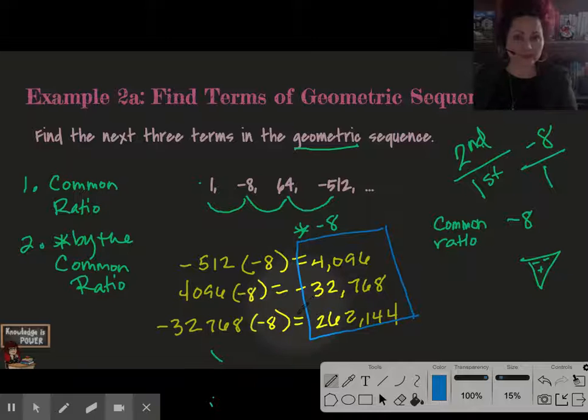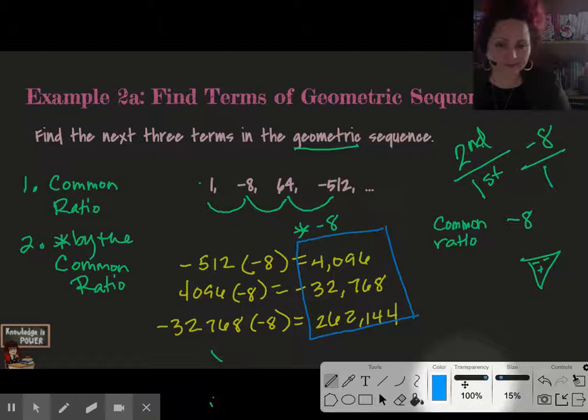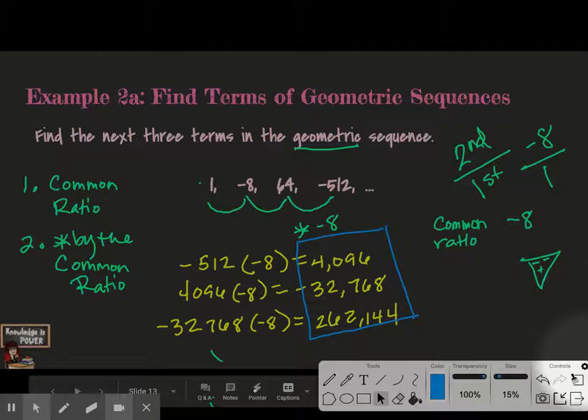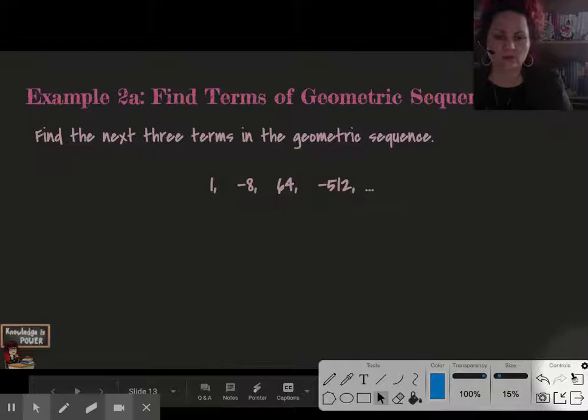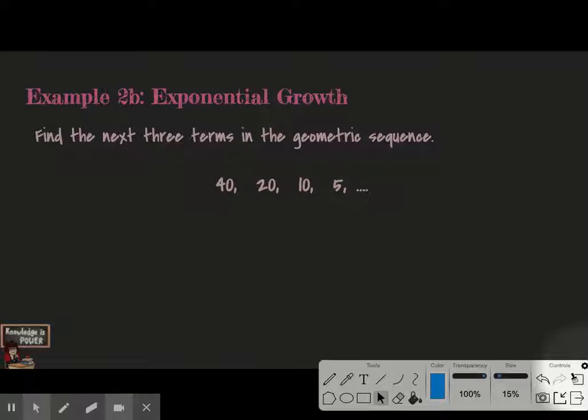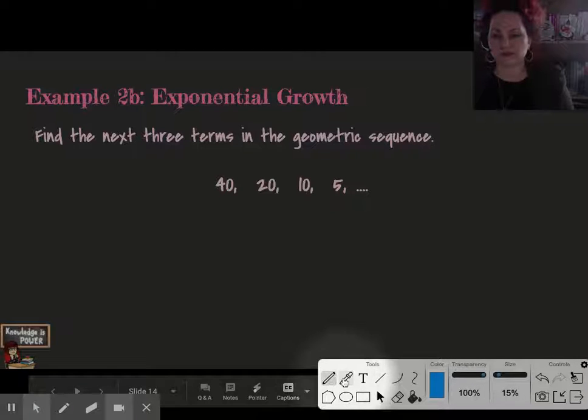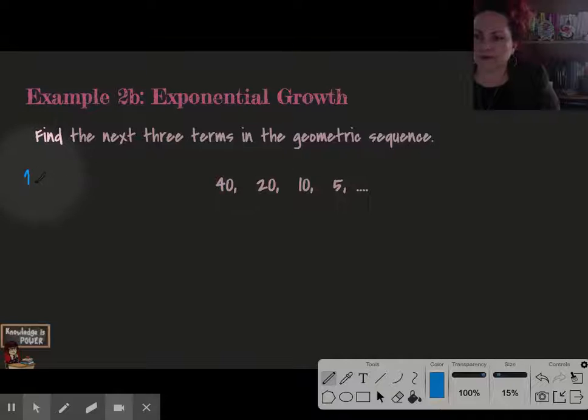Last one for today. Yes. Let's go ahead. Let me clear this out. Example 2b, exponential growth. Find the next 3 terms in this geometric sequence. Okay, these look like smaller numbers. Hopefully it's easier. Let's go ahead. Number 1, find the common ratio.